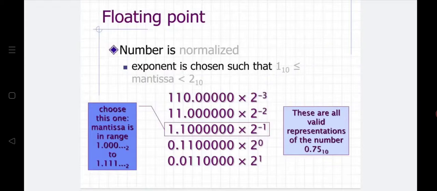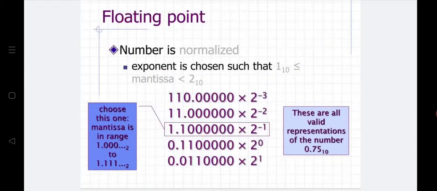If you see here, my first value is 110.000 into 2 to the power of minus 3. In the second one, I have moved the point one place to the left, so it becomes 11.000 into 2 to the power of minus 2. Still moving the point towards the left, it becomes 1.1000 into 2 to the power of minus 1.